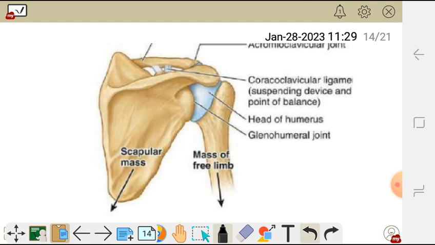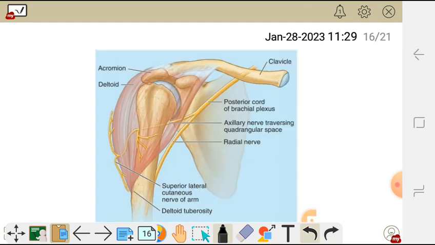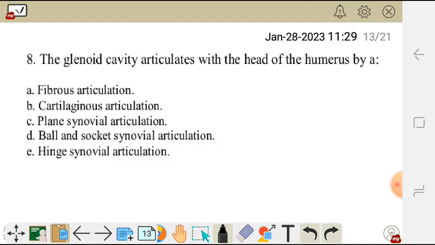As you can see in this diagram here, this is the humerus, and on the head of the humerus there is a ball-like structure, which is called a ball, and on the scapula there is a socket. So that's why we are saying it is a ball and socket synovial articulation.